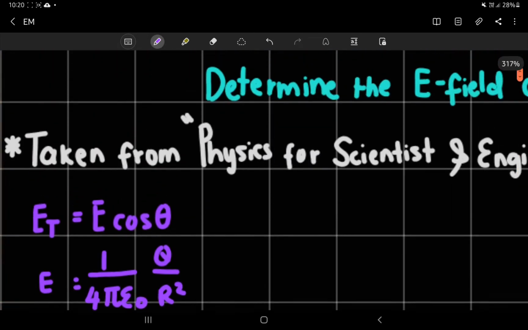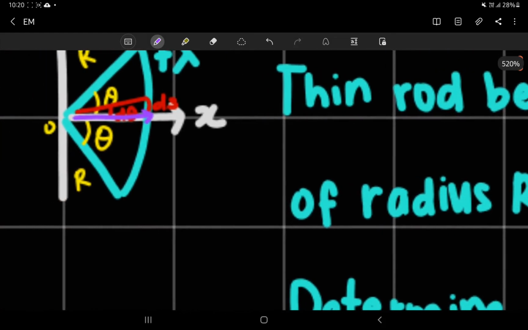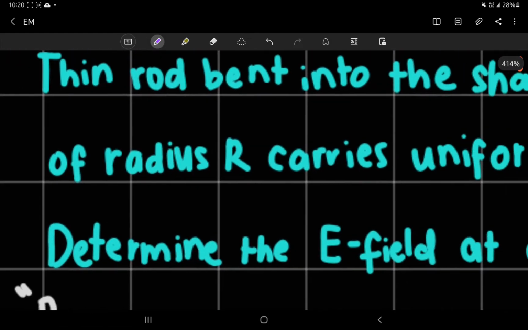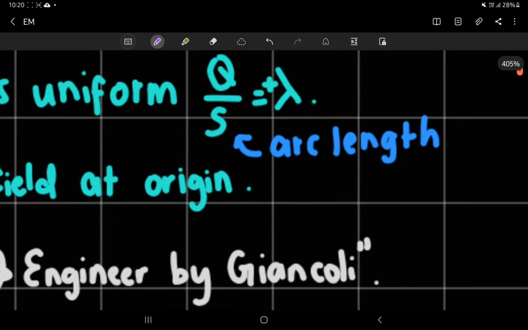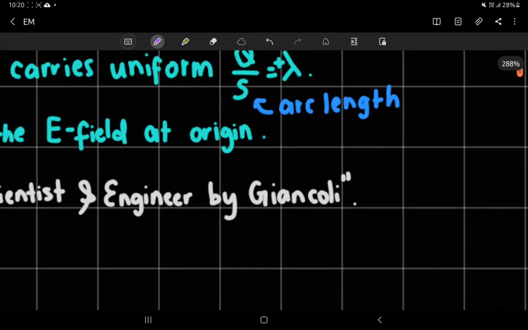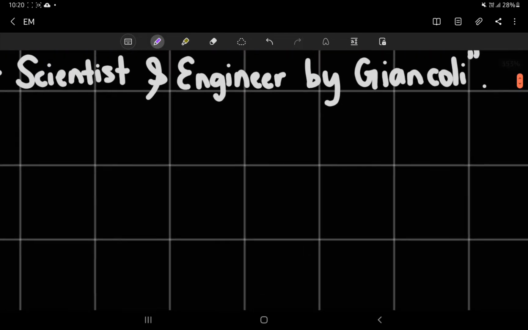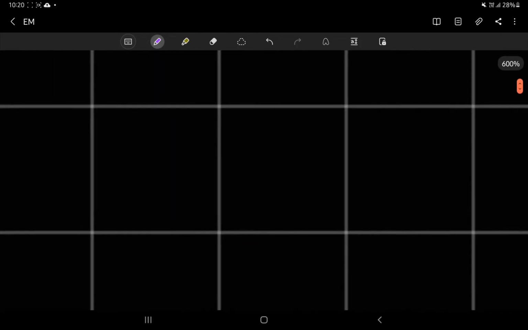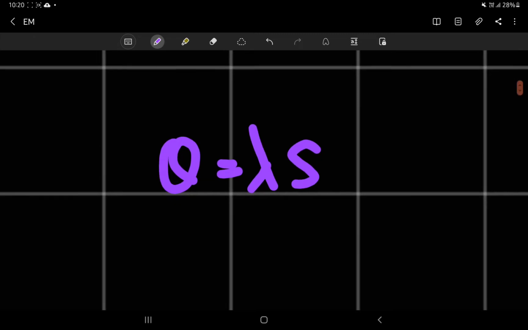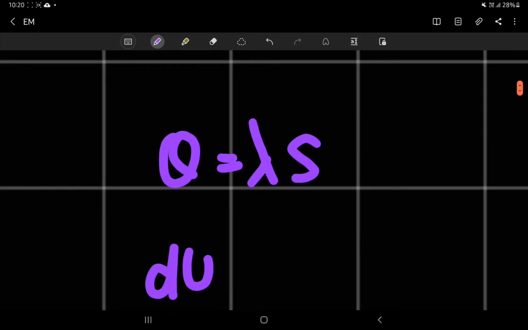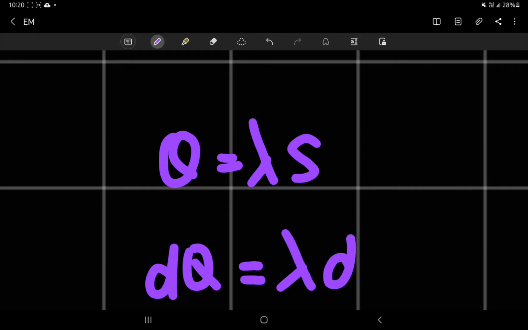We need to find the relation between ds and d theta. We know that Q equals lambda s, which makes a small element dq equal to lambda ds.